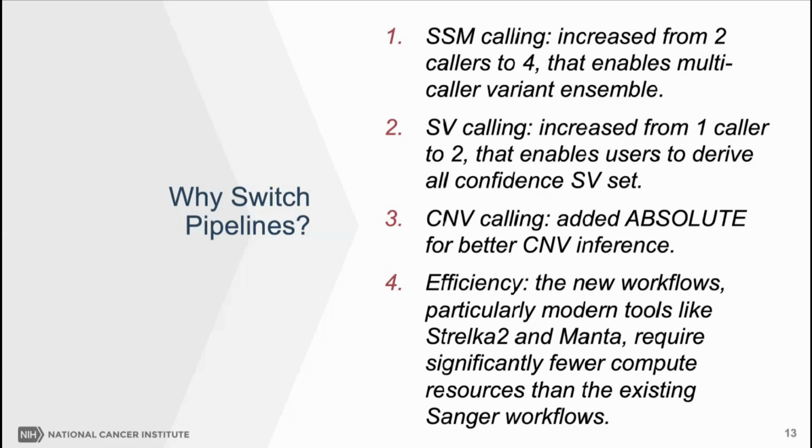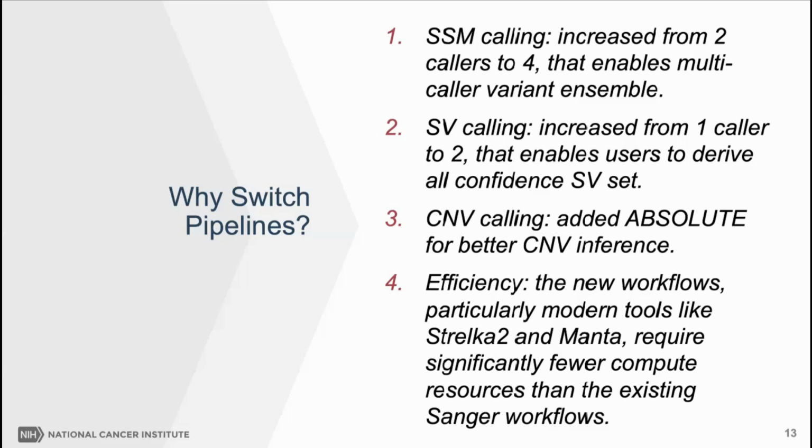For structural variant calling, as many of you may know, the overlap between different structural variant callers is often quite low. It's not as high as the SSM callers. This has raised our concerns about how to identify a more confident SV set. And we decided, as an answer for that, to develop more pipelines.